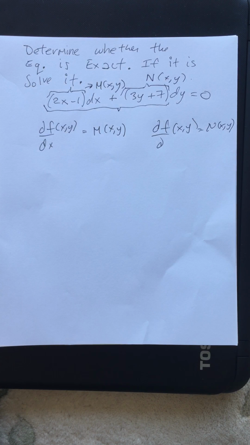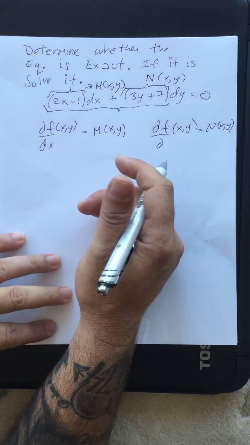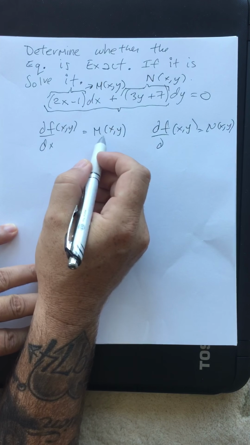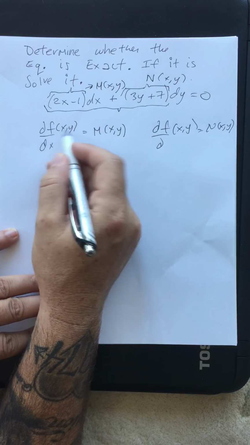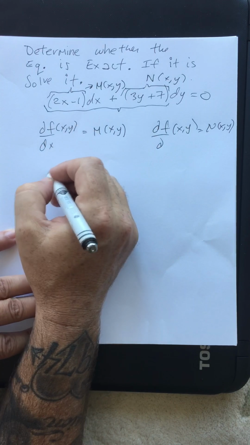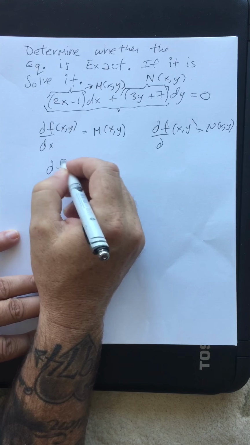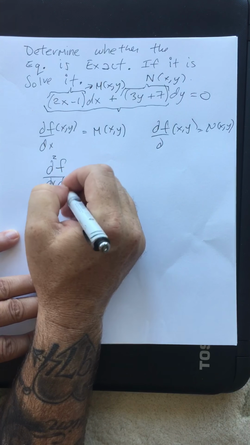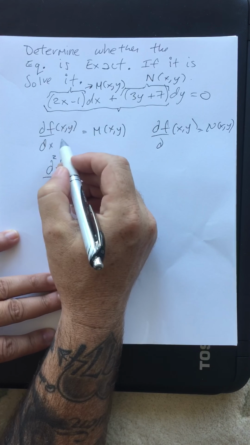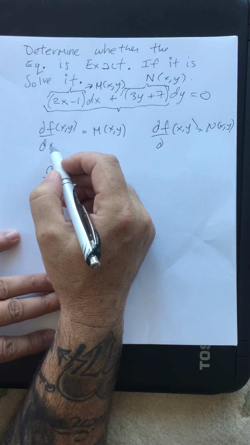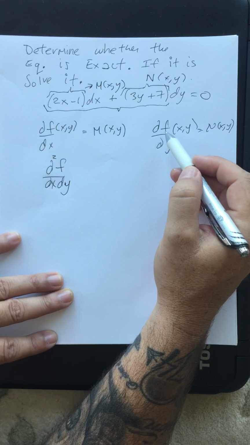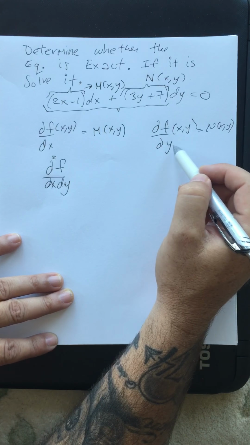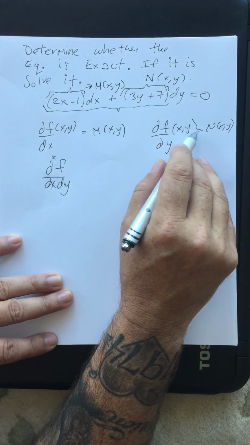Now, to solve this, you have to make sure they're exact. If M(x,y) is the derivative of this function with respect to x, and I do a double derivative, with respect to x and then with respect to y, I should have the same thing if I did the same thing with respect to y and then x.